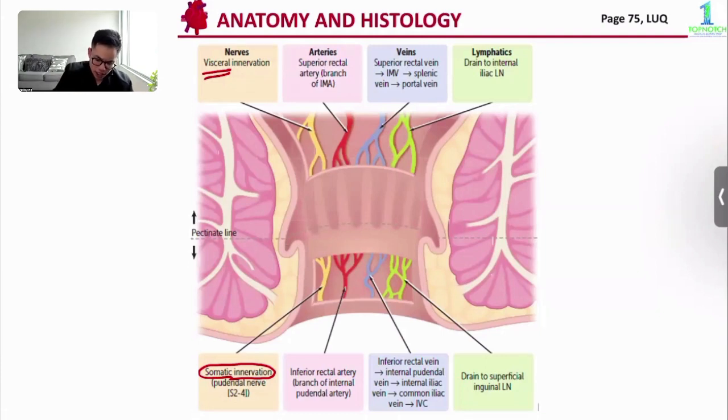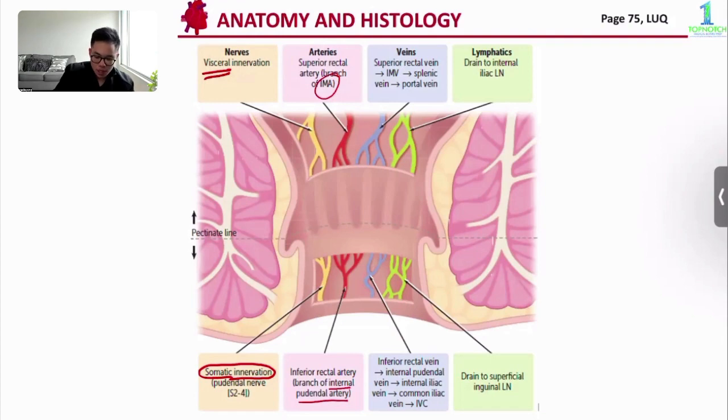You do have the arteries, which are also different. This is the superior rectal artery, a branch of your IMA, versus an inferior rectal artery, which is a branch of the internal pudendal artery. Okay, IMA above, internal pudendal down there.